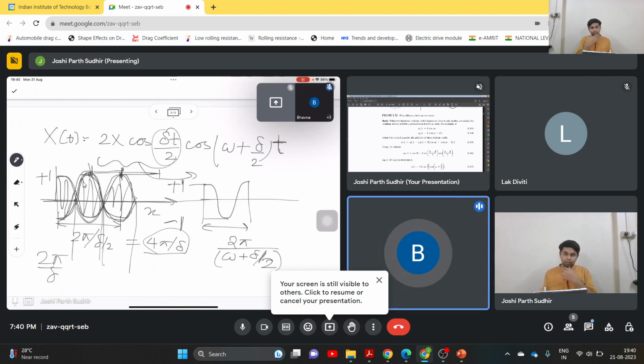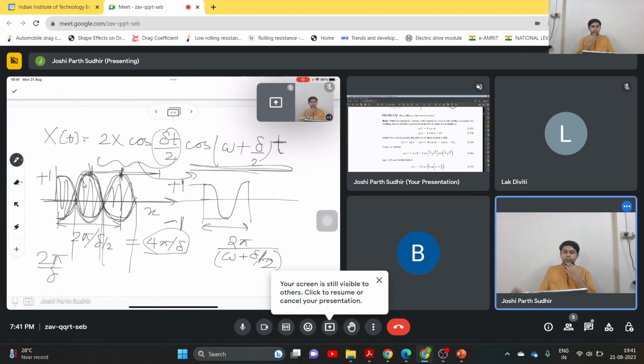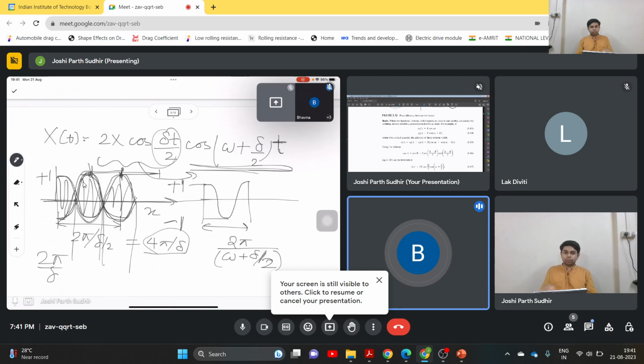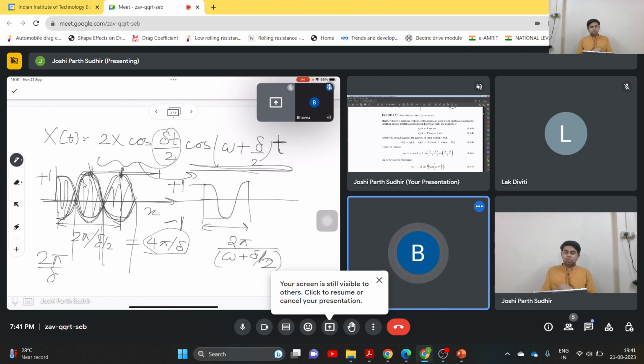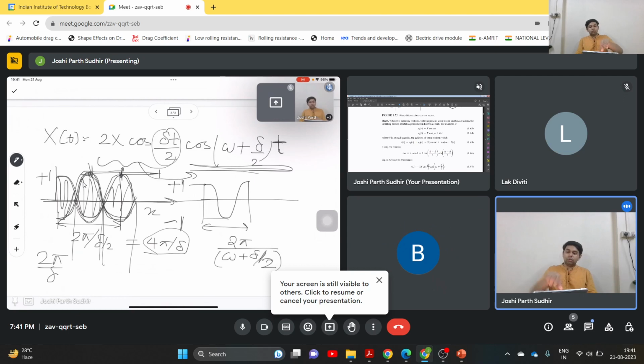So this second 2 pi by omega plus delta by 2, it is the time period of what, sir? That is the time period of this part only. In this drawing, sir, which wave has the time period 2 pi by omega plus delta by 2?